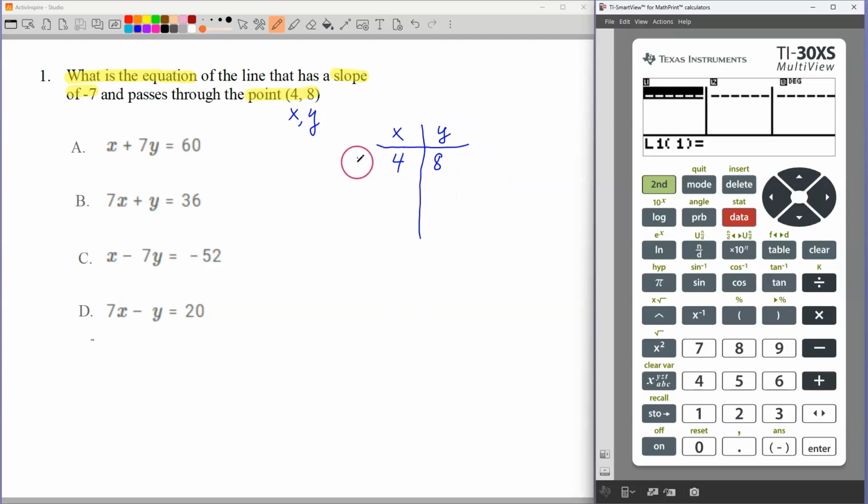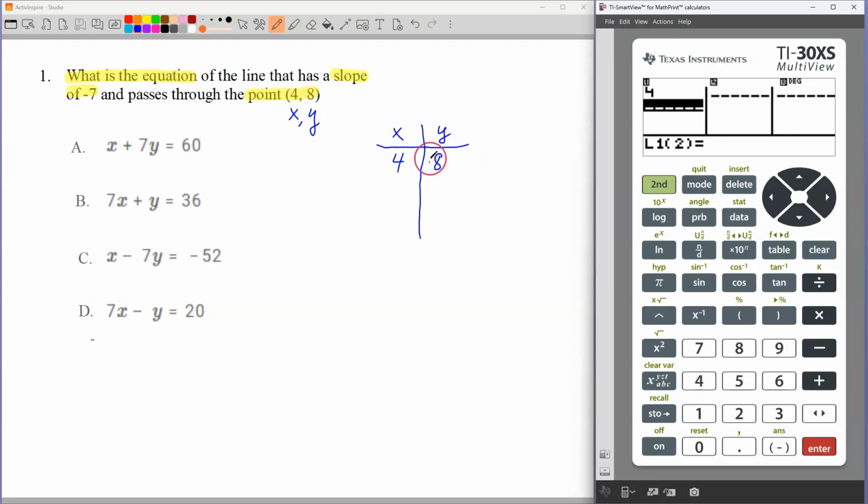you can reset your calculator. Now what we're going to do is enter this point 4, 8 into L1 and L2. That's what these say here. So in this first column, I'll put a 4. So all you need to do is punch in 4. It shows up here. And to get it into the table, hit enter.